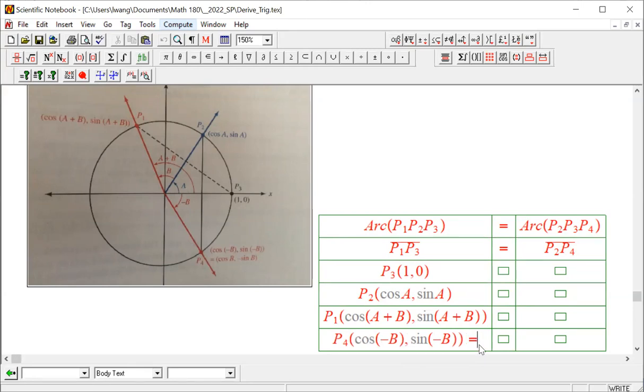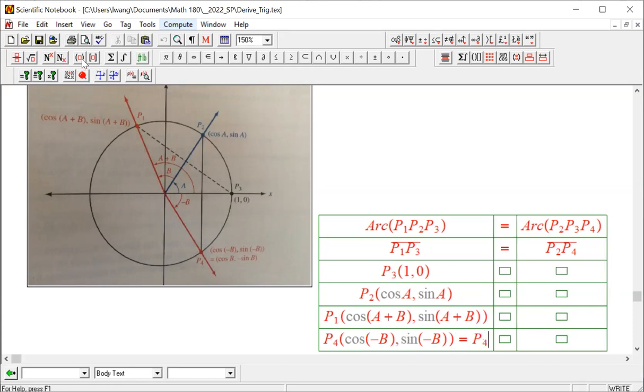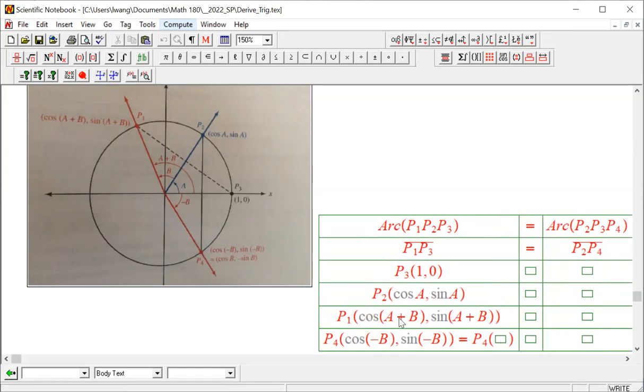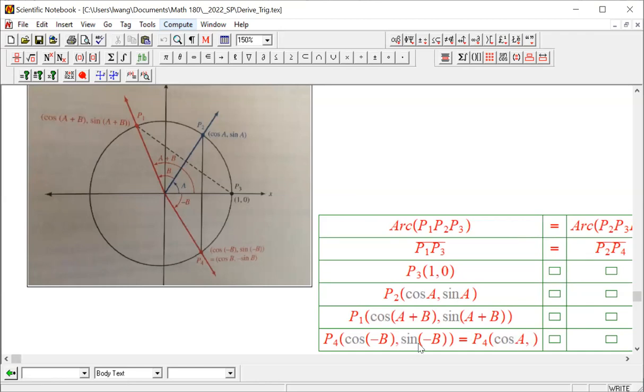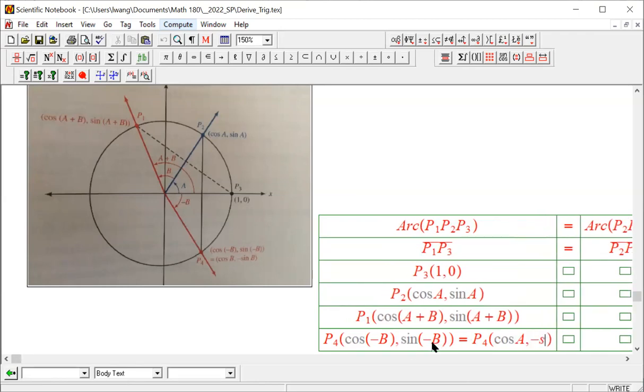As a result, the cosine of negative B is going to be cosine B, and the sine of negative B, since sine is an odd function, is going to be negative sine of B.